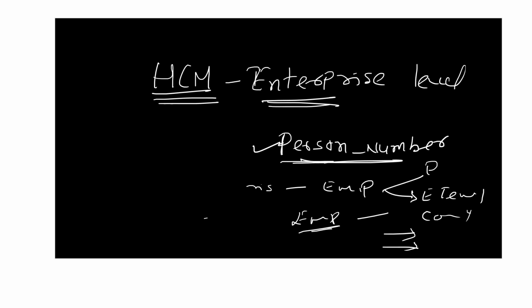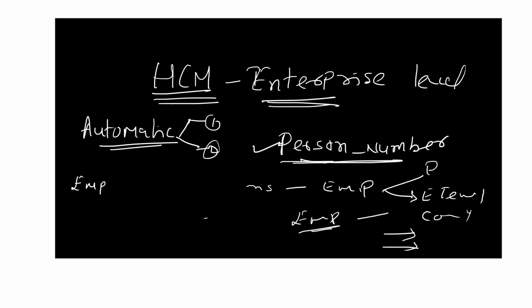What happened is, so how does this work? Suppose I have enabled the person number as automatic. I'll show you in the application what all the options are. There are two options for generating the person number automatically. If I have enabled automatic person number and I hire an employee, for example employee 1, my person number starts with 0001.